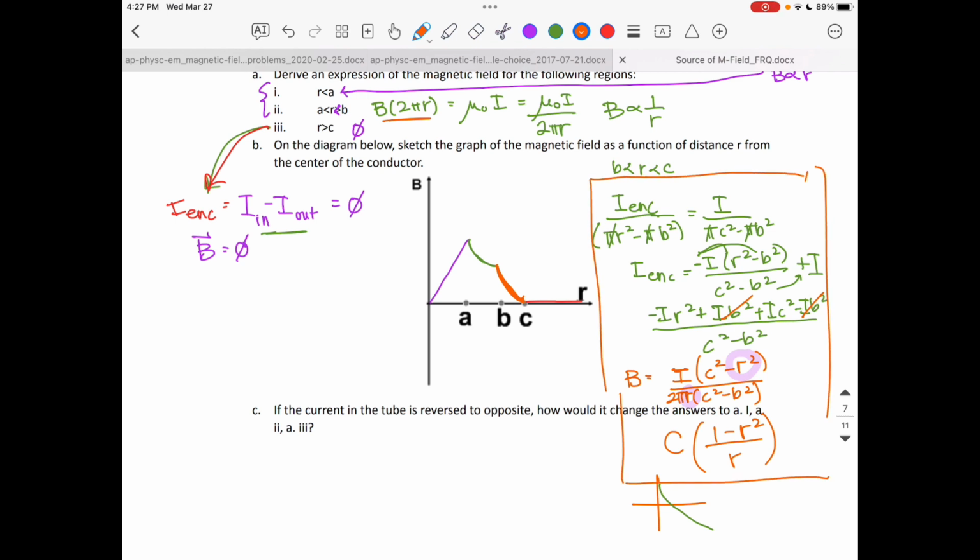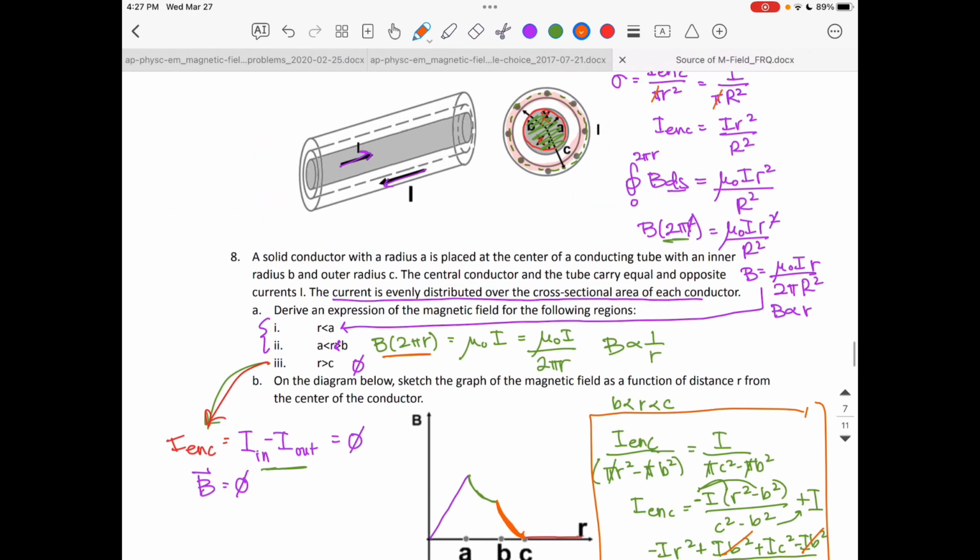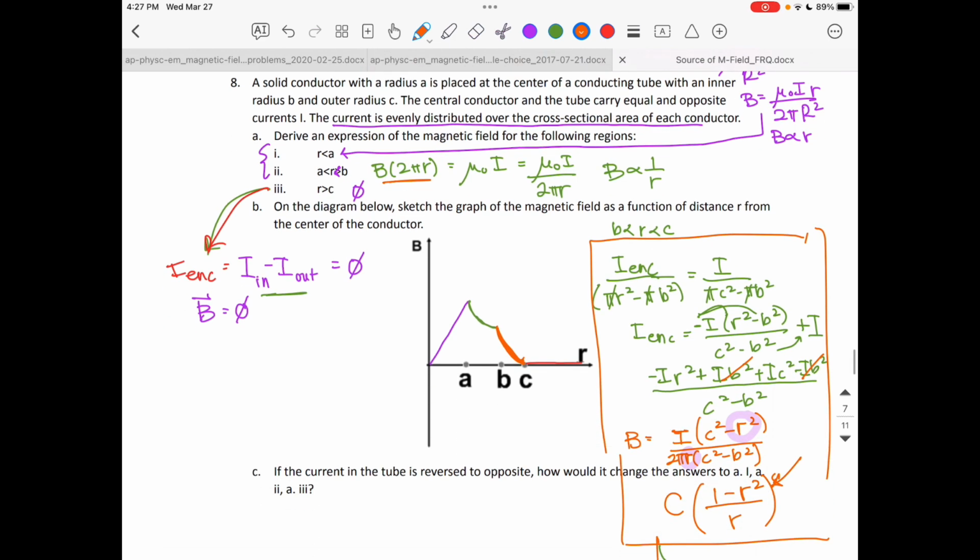I just wanted to show you the general equation of what happens when you have an enclosed current in a tube. But it's good to note that they all decrease in that upward facing concave up curve when going further and further away from the center. And the only linear parts are at 0 and when it is within the inner conductor.